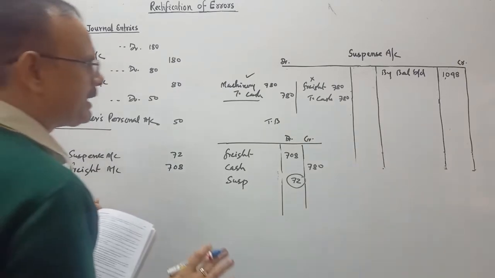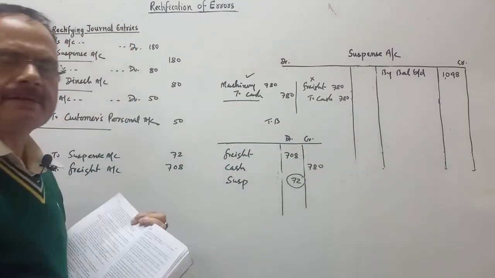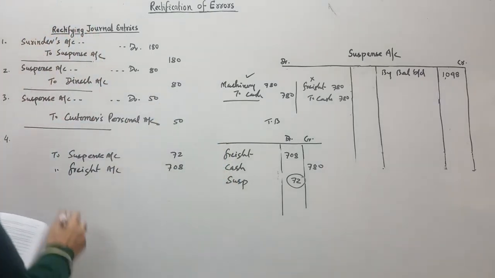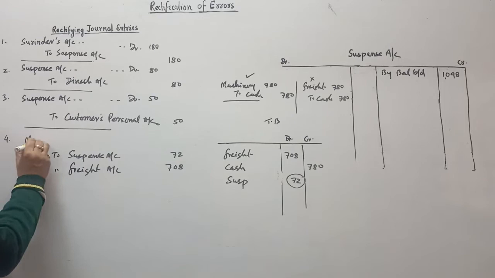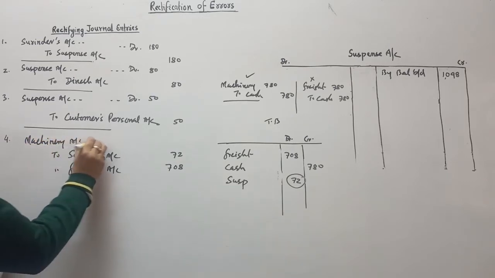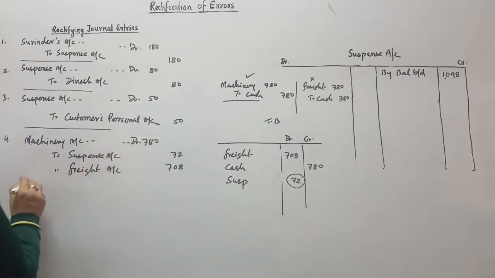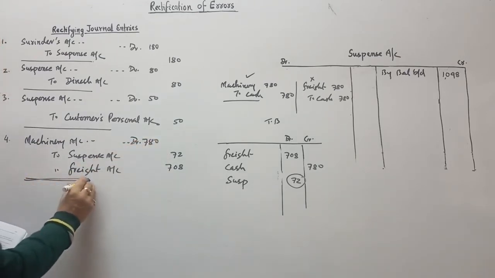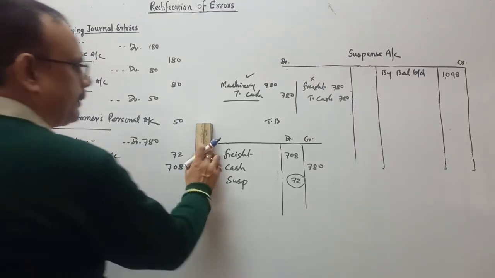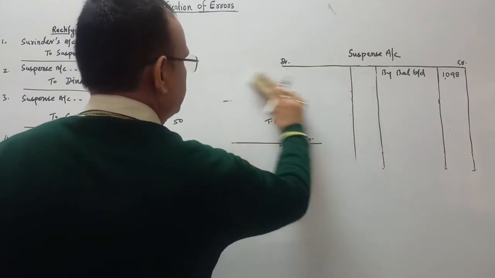There is no mistake in cash; cash is credited by 780. Now machinery should be at the right place, so debit the machinery account by 780. Now it is rectified.